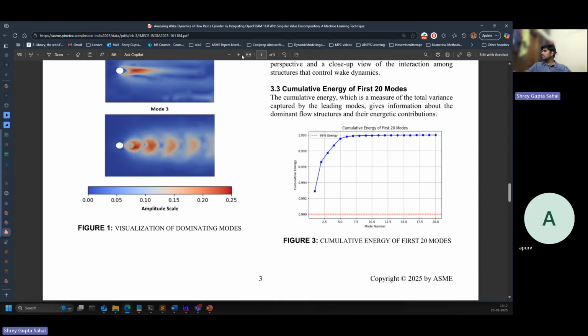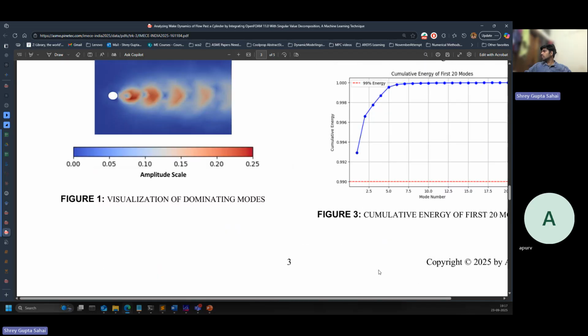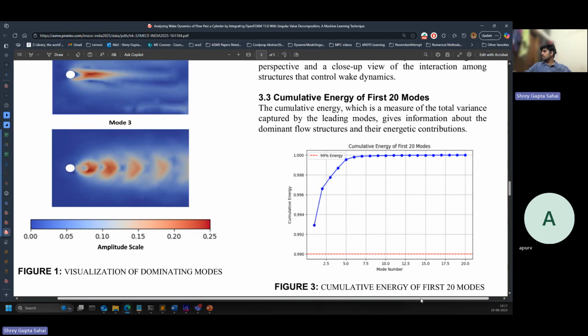The interesting part here is also, see, the first mode is able to give you 99.2% of energy in the entire system, whereas the next 20 are just giving you minimal input. Like the first three modes, 4, 5, 6, maybe seventh or eighth mode, or the first 10 modes, you're done. It's almost 100%.